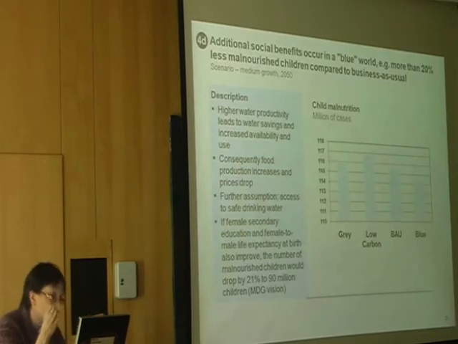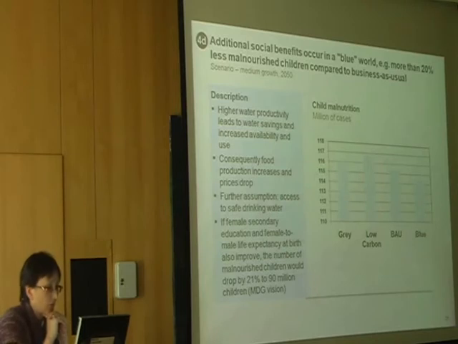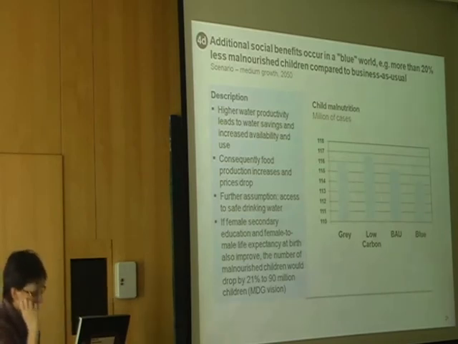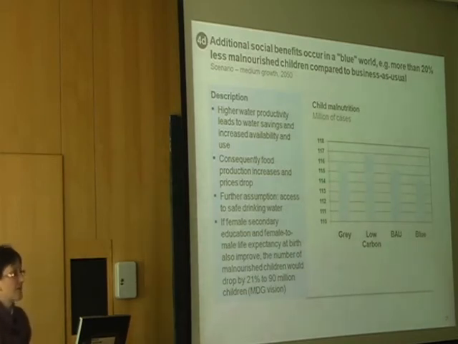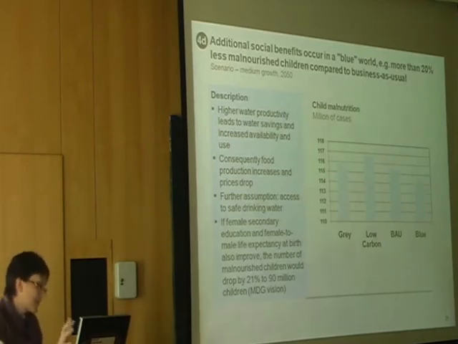And that alone, it's not huge, but it reduces malnutrition by 1 million children compared to business as usual. There are other factors that affect childhood malnutrition in this equation, especially female secondary education or female-to-male life expectancy. But there are much more. Female-to-male life expectancy is very difficult to affect, to implement change. But just from water, you can get some.